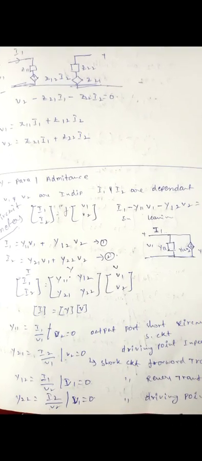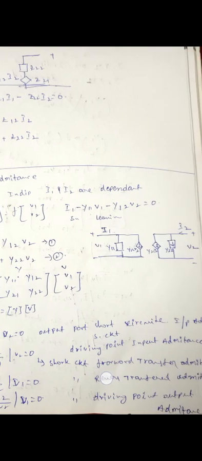These admittance parameters are also called short circuited parameters, because in admittance parameters we got the four admittances by making the circuit a short circuit. That's why the Y parameters are also called short circuiting parameters.